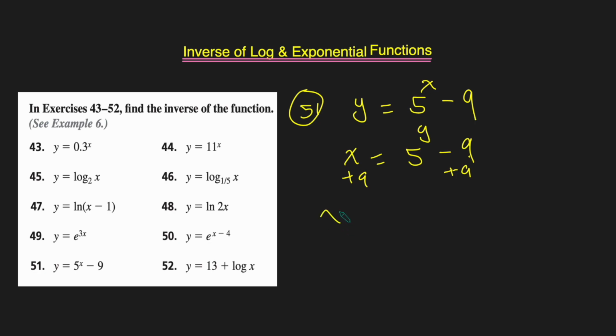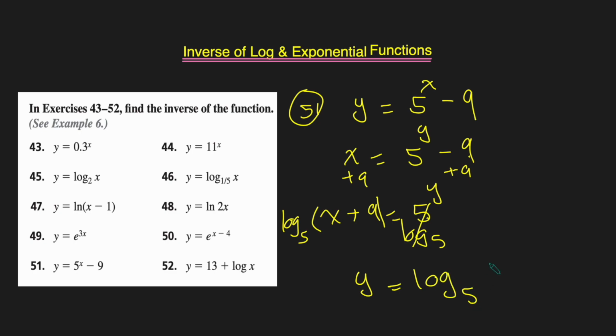So now I have x plus 9 equals 5 to the y. I'll take the log to the same base of this side, base 5, and I do the same thing to this side. So this cancels each other, and I have y from this side, and it's going to equal log base 5 of x plus 9.